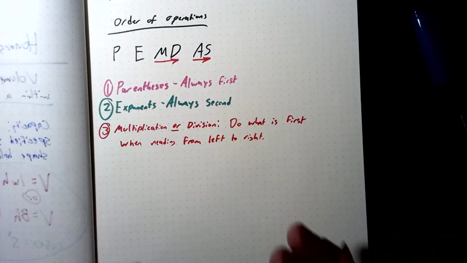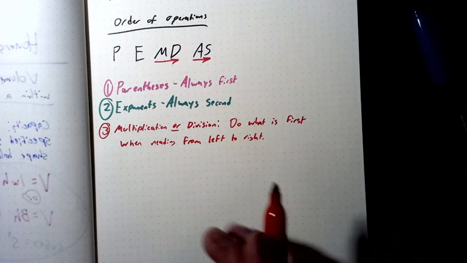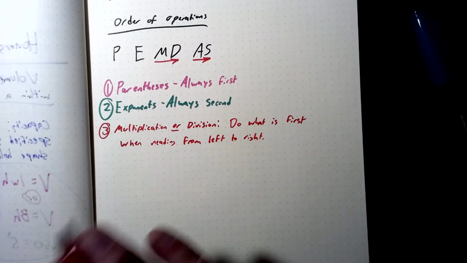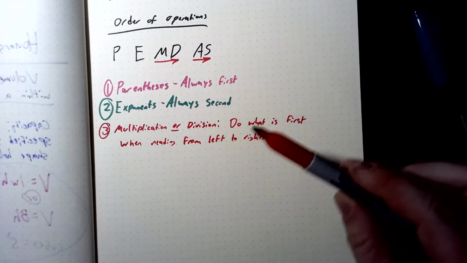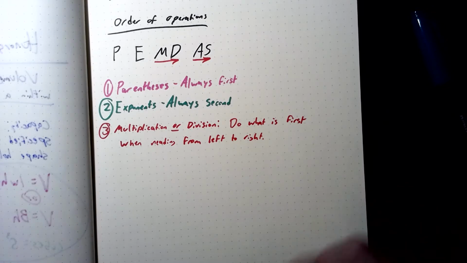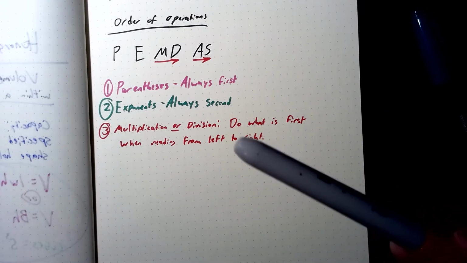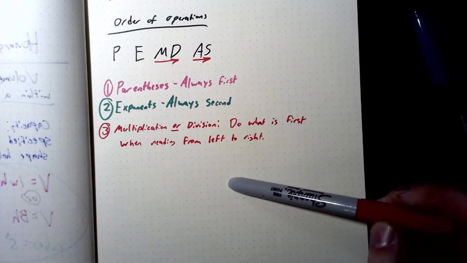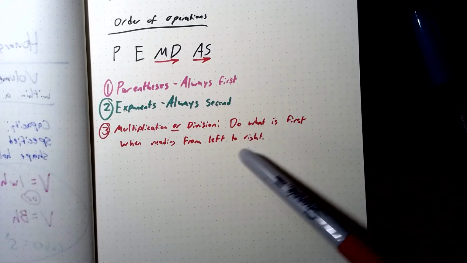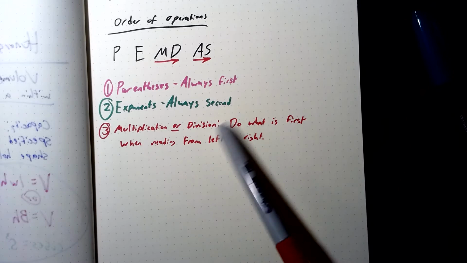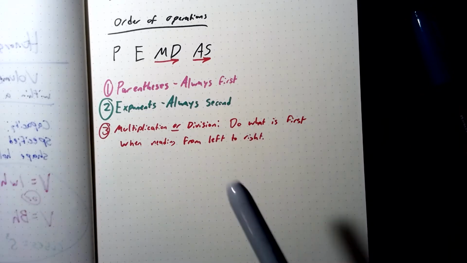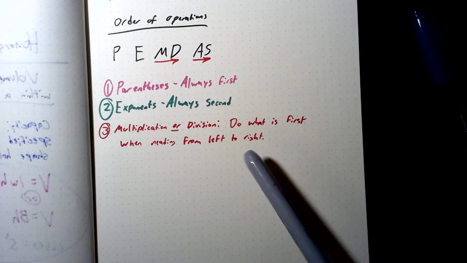You do not always automatically do multiplication first. That is not true. A lot of elementary school teachers teach that way, simply because it is more straightforward and it leads to less confusion at that younger age. You guys are at the age where you need to start understanding that multiplication or division happens first depending on where it is in the problem.